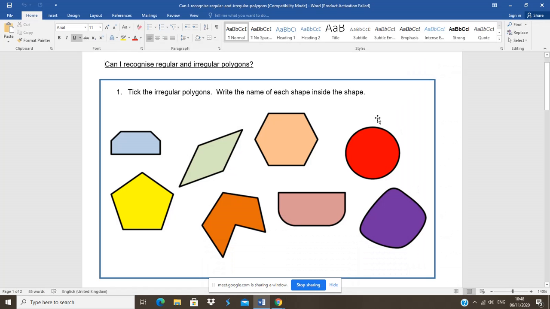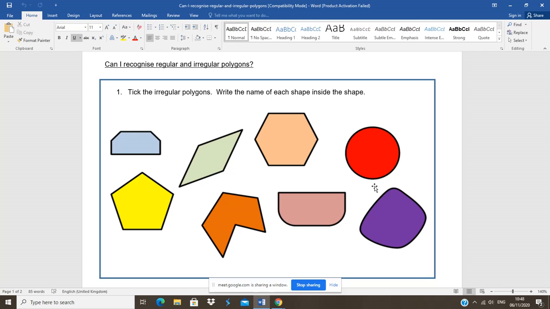Well, when it comes to a circle, guys, some of you might say irregular. However, if you notice, the circle does not have straight lines. It's actually a curved line that is joined together.